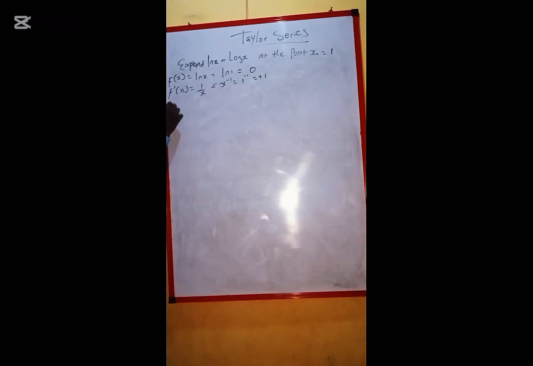So our second derivative of this is what? Minus 1 times x to the minus 2, which is minus 1 to the minus 2, which is minus 1. The third derivative is what?